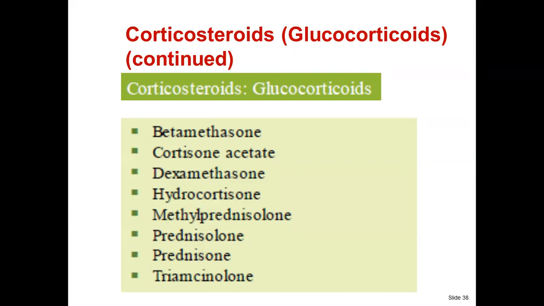and triamcinolone. So basically, betamethasone we use for bronchial asthma, right? And when you give this medication to the patient, like I'm going to talk about beclomethasone or betamethasone, it is one of the corticosteroids.